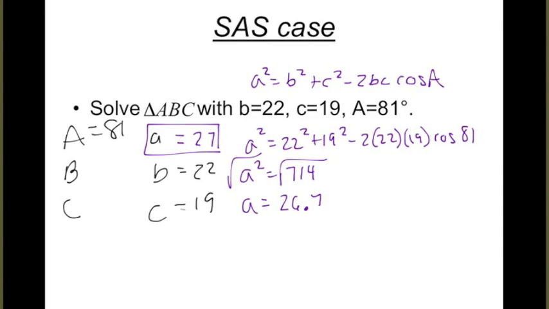So then, to complete the problem, we're going to go back to our law of sines, since we know both parts of one letter now. So sine of 81 over 27. And then do I want to solve for B or C first? C, because side C is smaller, angle C will be smaller. We're going to multiply both sides by 19.